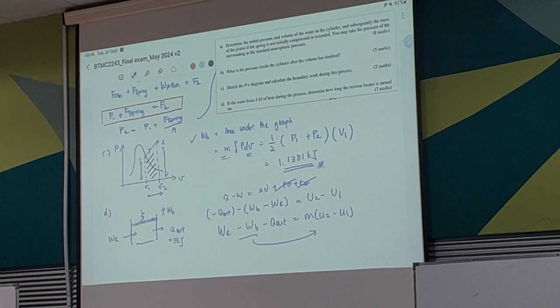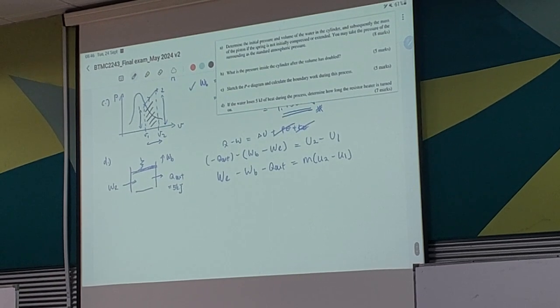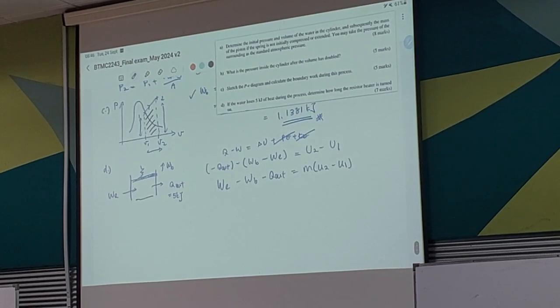But if you decide to move the boundary work over to the other side and change the whole thing into m(H2 minus H1), you are not wrong as well. You will get a similar answer. You can try that out on your own free time if you want to prove the case. But in this case, we are not doing that because we have calculated the boundary work, so it doesn't really matter.